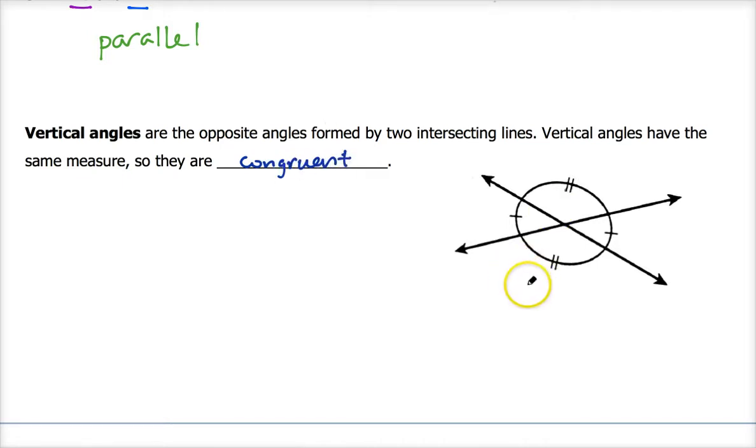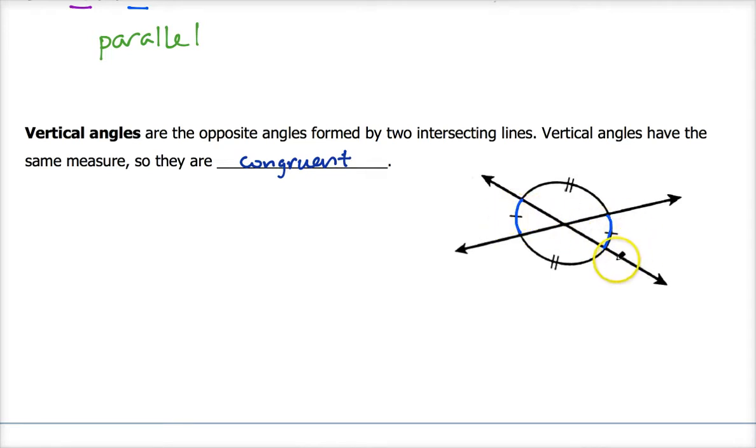You can see here in this picture an example of some vertical angles. Notice we have two lines that are intersecting, and these lines are just intersecting at some random angle. They're not right angles, so they're not perpendicular lines, but we have two pairs of vertical angles in this picture. This angle here and this angle here are both vertical angles, and so that means that these two angles that I've highlighted in blue are congruent.